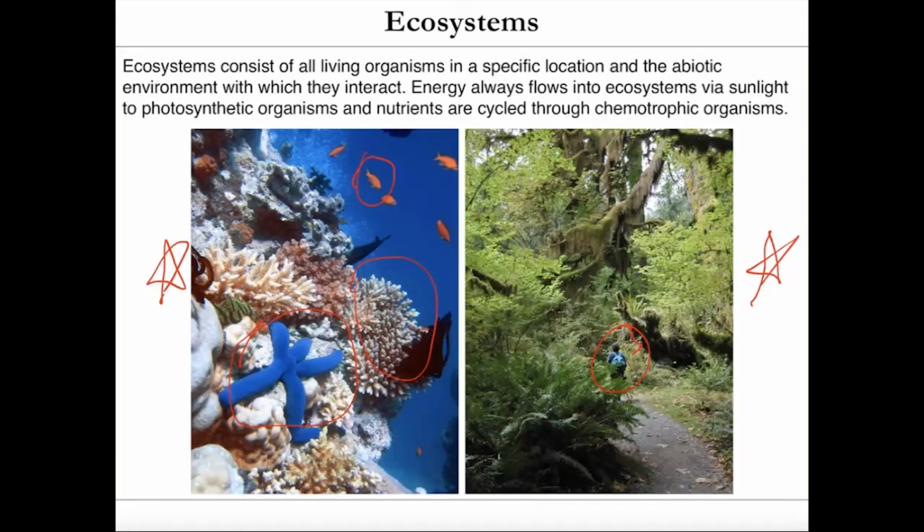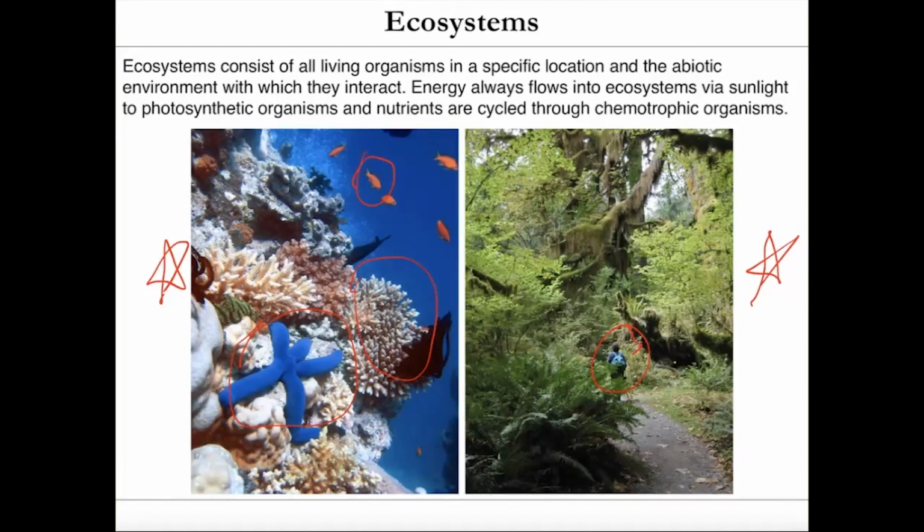And then ecology studies the nutrients that are cycled through these environments through photosynthetic and chemotrophic organisms. That is, organisms that don't do photosynthesis but live off eating photosynthetic organisms or other organisms that eat photosynthetic organisms. So that would be ecosystems.